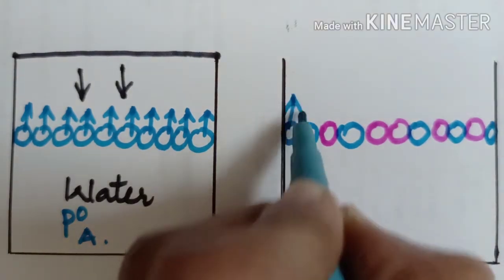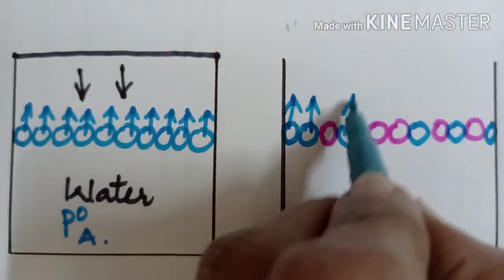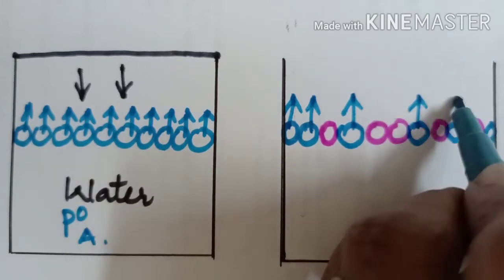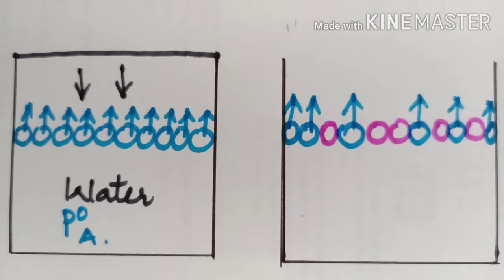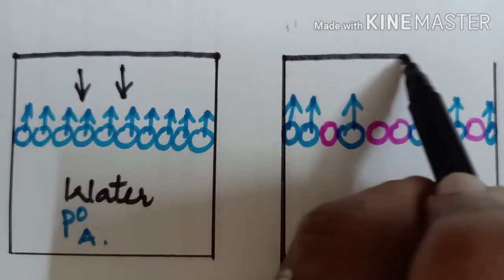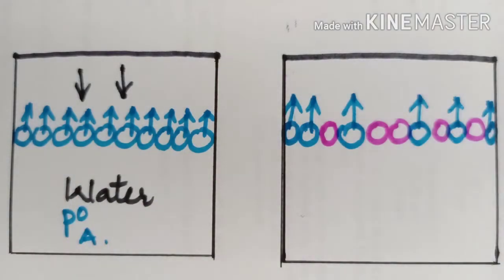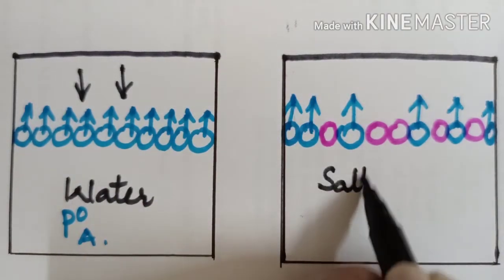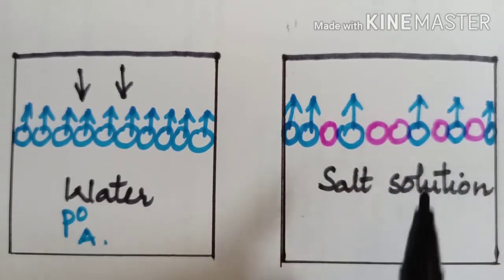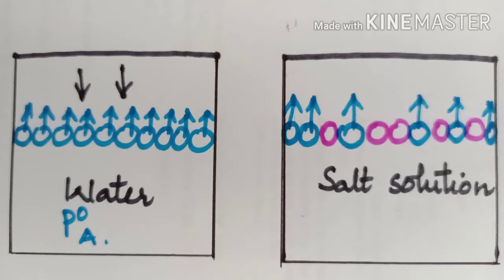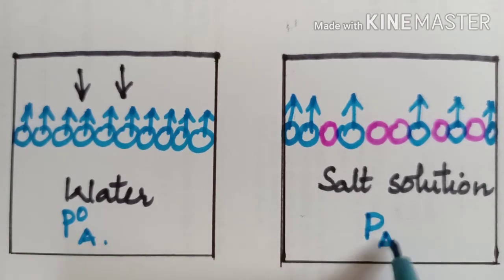So the vapors produced from the surface will decrease. As a result, the vapor pressure of the solution is less than that of the pure water. In the salt solution, the vapor pressure will always be less, and that is denoted by PA.